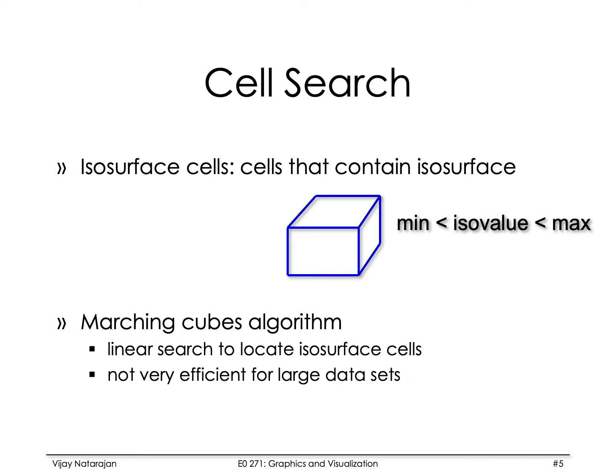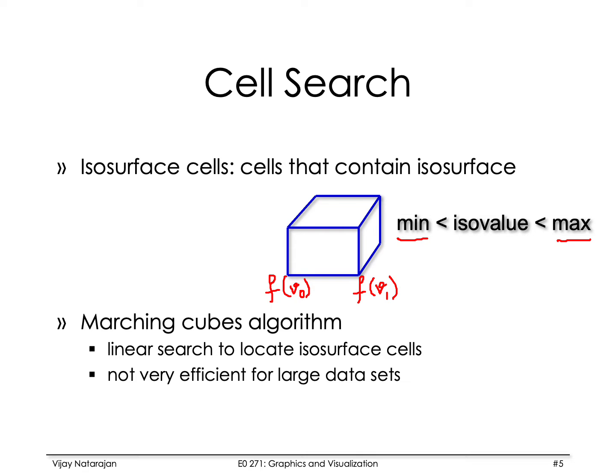Now, if I look at the values of the scalar field at every vertex, let's say this is vertex v1, and so you have a value here which is f of v1, f of v0, and so on. We have 8 vertices, so you have 8 different scalar values. I can talk about the minimum of these scalar values and the maximum of the scalar values.